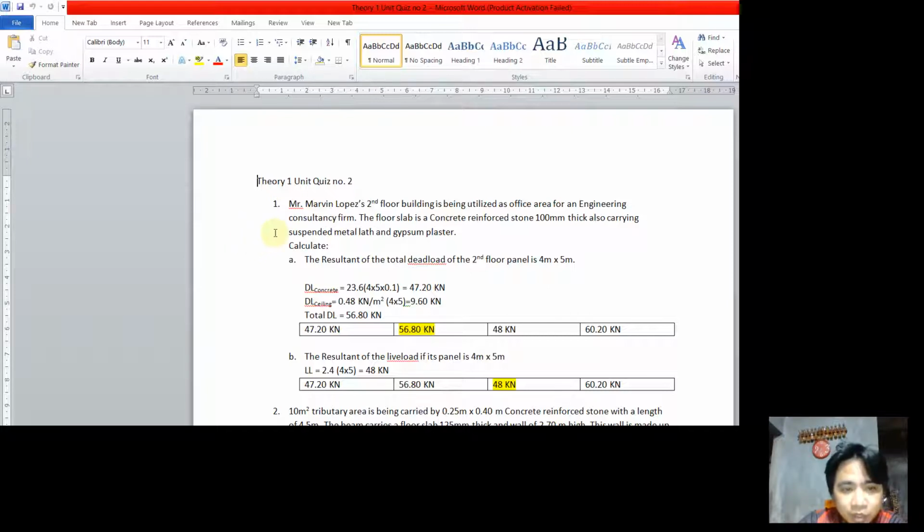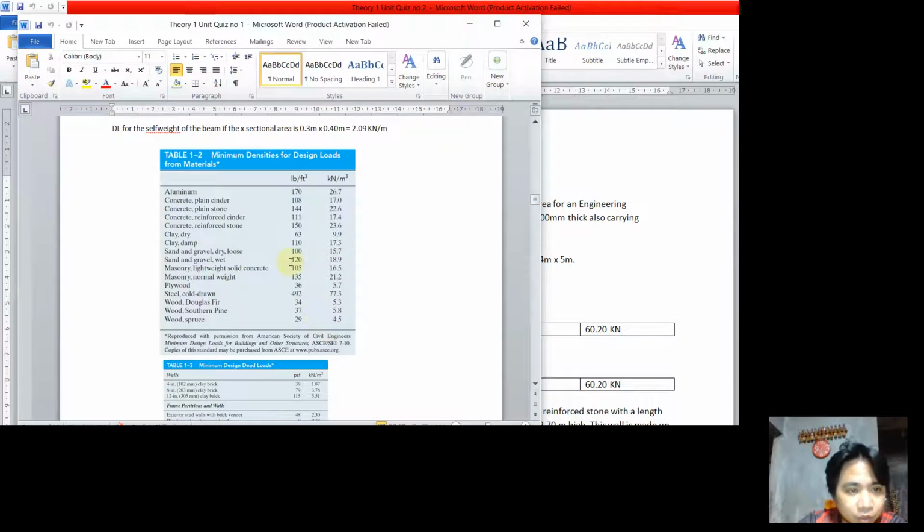So we refer to the table containing the unit weight for the dead load of concrete. We'll refer to table 1-2, and we can see on table 1-2 in SI unit we have 23.6 for that one.